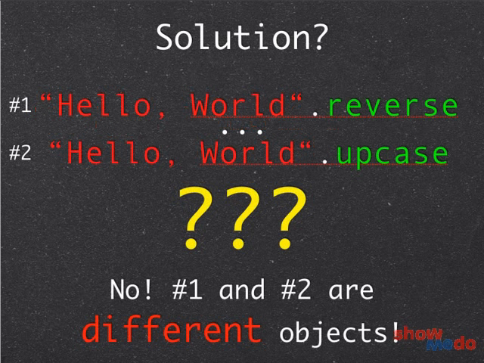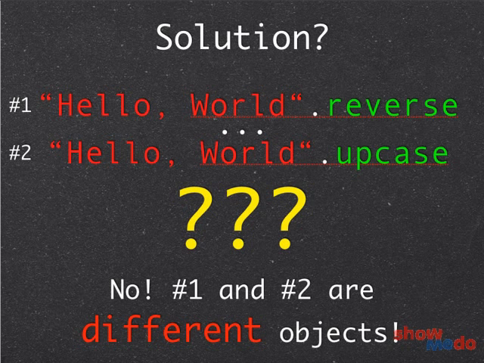Okay, this might be what a solution could look like. Again, here we've got hello world dot reverse in line 1, and in line 2 we're doing something. Doesn't matter what, could be just doing something else. And then in the next line, we're calling upcase, which will convert a string to uppercase, on a hello world object.